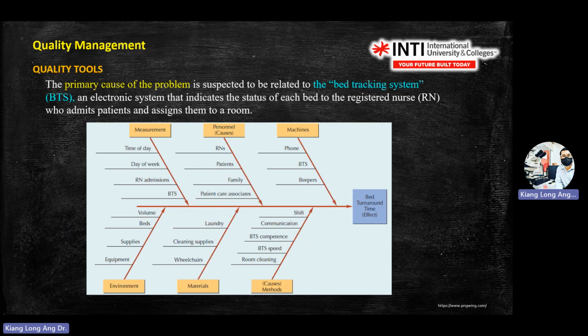Okay, we're going to dissect it one by one. At the end of the analysis, in this case, they found out that the main problem is here: the BTS, bed tracking system, has some issues where there's an error when the nurse registers the patient. Okay, this is just a hypothetical example only.